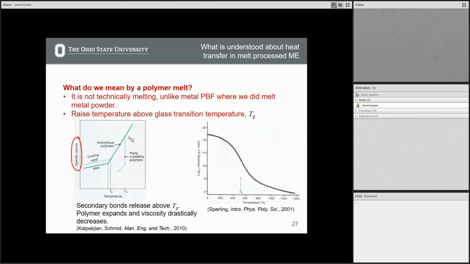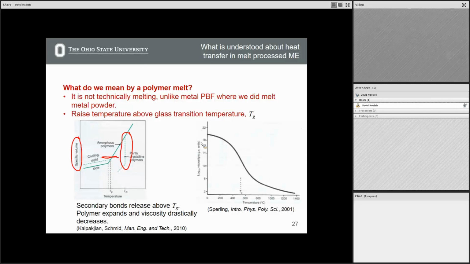Crystalline polymers, which are not used as much in additive manufacturing, have a very, very sharp transition. So you hit this melting temperature, and it has a very fast compaction as you reform those crystalline structures in the material. So when we say melting in polymer melt processes, we're not actually talking about melting. We're actually talking about going to either side of this glass transition temperature of the polymer material.